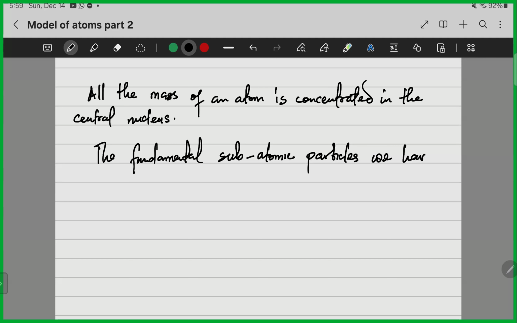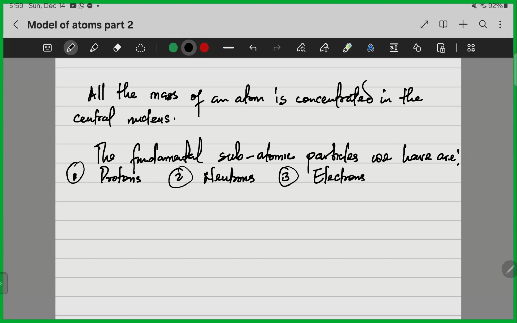We have number one, protons. Number two, neutrons. And number three, electrons. Take note of that. It is good to quickly establish that the electron is the lightest particle of an atom.